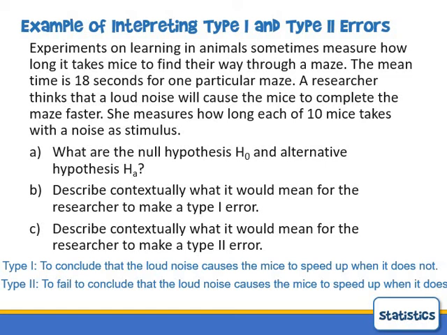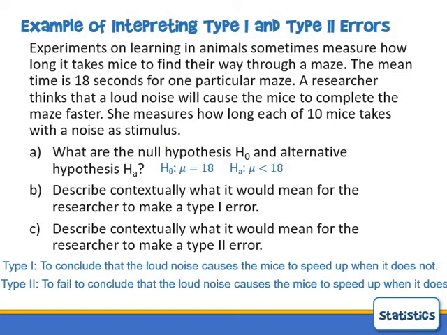That's going to be your null hypothesis, which I think I did animate correctly, but you see the alternative already. So we're going to assume that mu equals 18. Whenever you have the equality part, that's always your null hypothesis. The mean is 18. The researcher thinks that a loud noise will speed them up, so they will complete it in less time. She thinks they're going to take less time, so the alternative would be mu is less than 18. So that's an example of coming up with the hypotheses there.